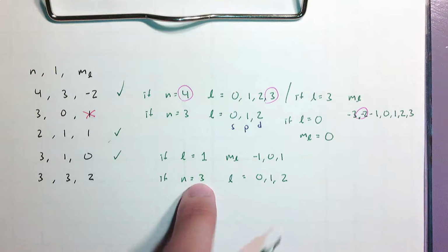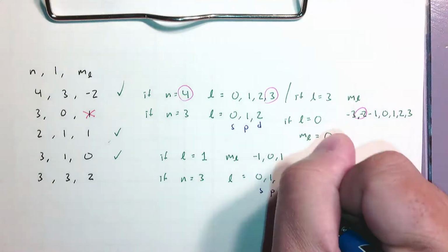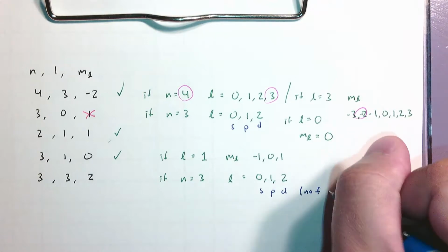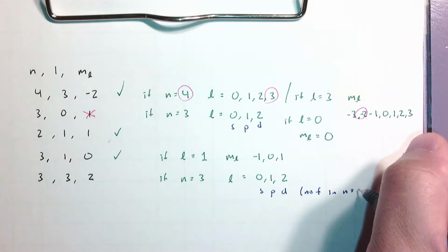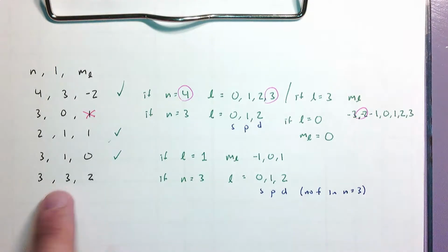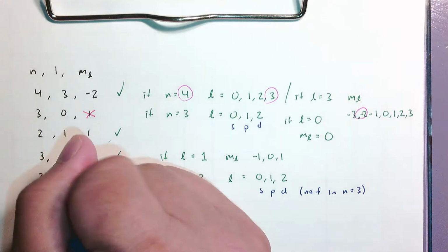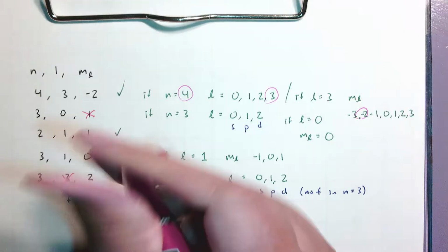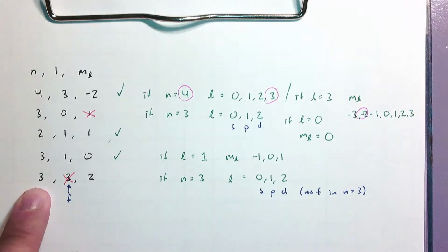Because in the third energy level, you only have S, P, and D. There is, again, no F in n equals 3. Oops. See, this is the F orbital. That stands for F. That is impossible. There is no F orbital in the third energy level.